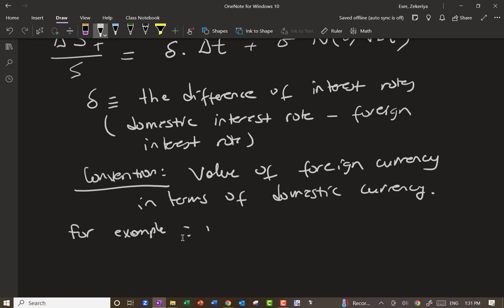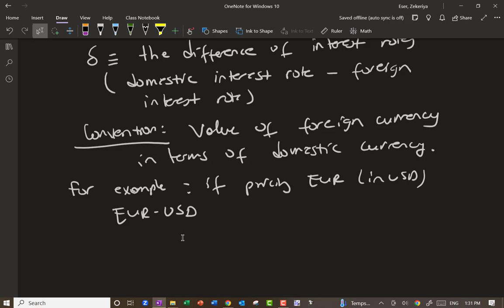For example, if pricing euro in terms of USD, which is the standard convention in the market anyway, so just use the standard rate from the market.